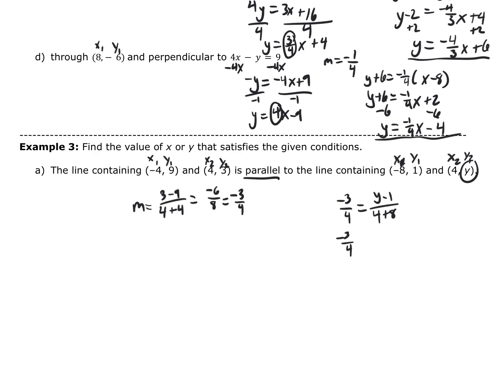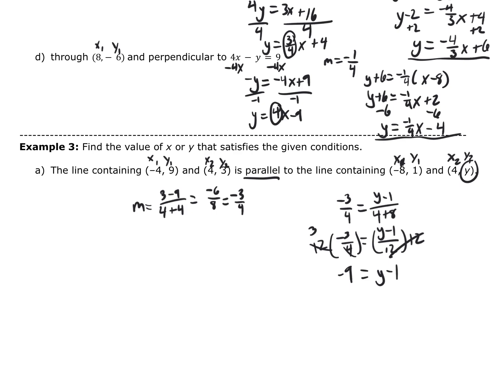I know that 4 plus 8 is 12, so y minus 1 over 12. Trying to get y by itself, so I multiply both sides by 12. And that cancels out that. 12 divided by 4 is, that makes that 3, and 3 times negative 3 is negative 9.